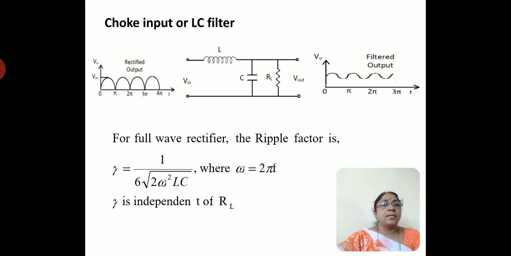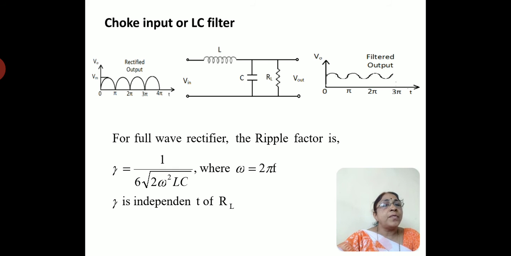Now, let us see the choke input filter, which is a combination of L and C. L is always connected in series, C is always connected in parallel, and the output is taken through RL. Here, the rectified output is a unidirectional pulsating one. As it reaches this inductor L, it will magnetize and demagnetize, but it will not reach the ground.